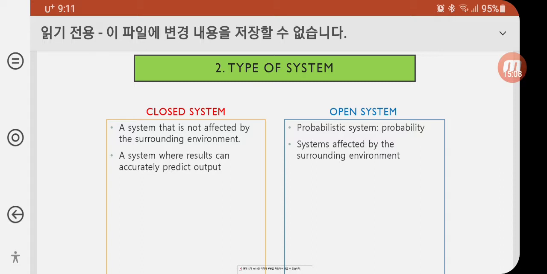But open systems are probability systems, affected by the surrounding environment. Open systems are difficult to predict in demand, such as inventory management systems.